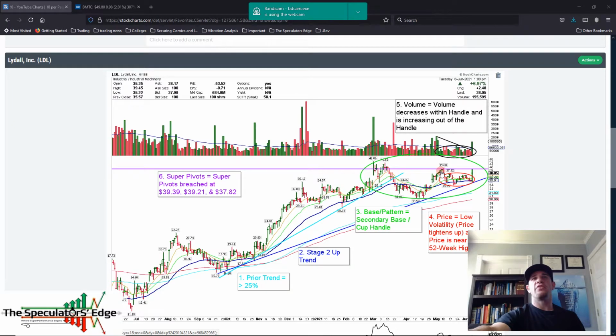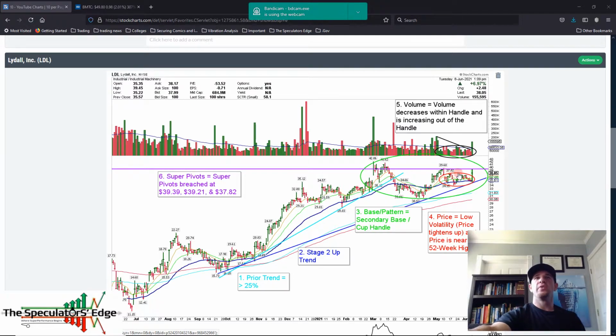Another one is at $39.21, right here on this day at this close, which we cracked today at the high of $39.45. And then the next super pivot is at $37.82, because it's the high of this nice tight range within this handle.